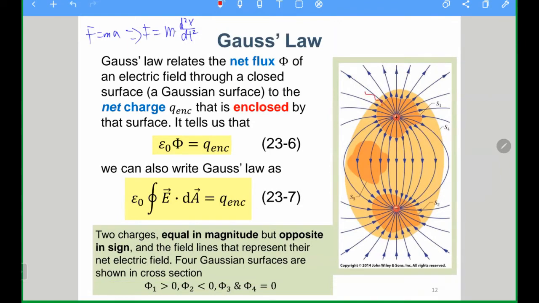So this one is plus Q, this one is negative Q. Within this space we have two charges, with the same magnitude but opposite sign.